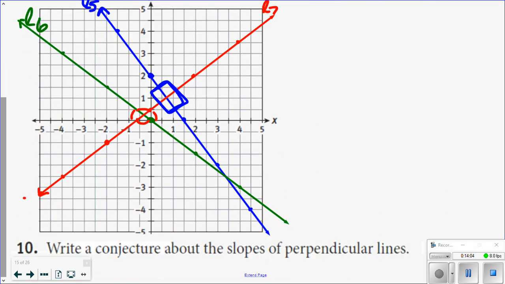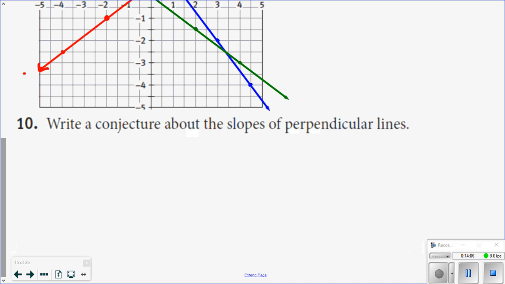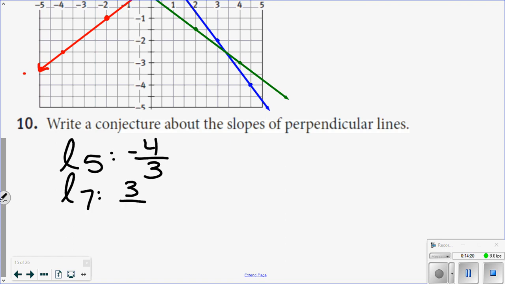So, if you look at the slopes of line 5 and line 7, I want you to tell me what you notice. What do we notice? What could we say about the slopes of perpendicular lines?